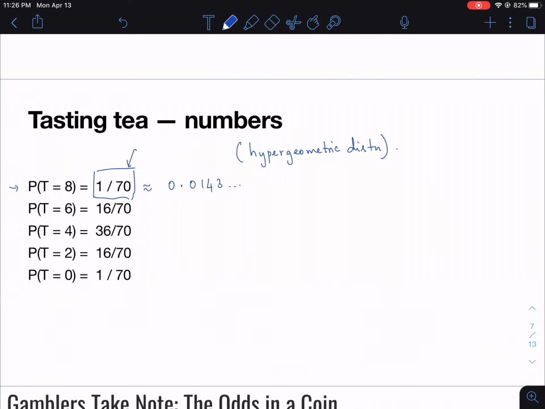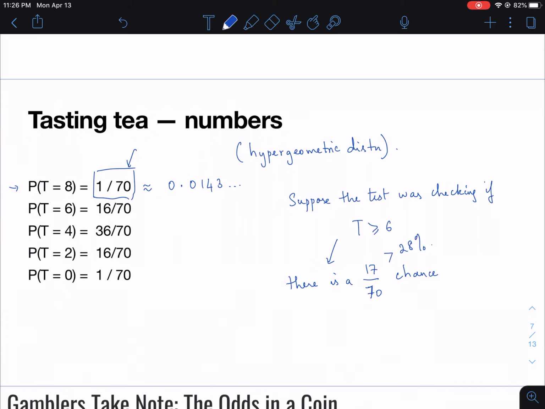But suppose you set your threshold differently, and our test was checking if T is more than or equal to 6. Then there is a 17 by 70 chance. This number is a little more than 24%, or something like that.